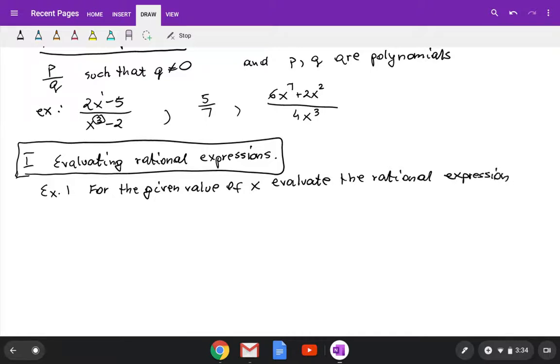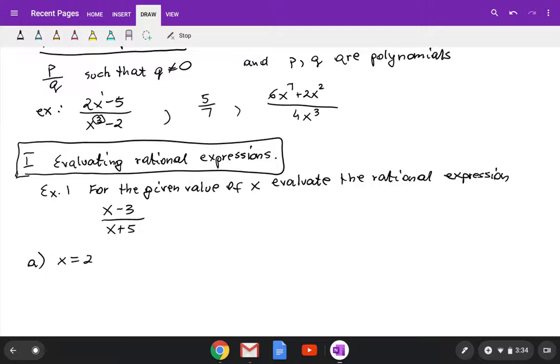Our rational expression has the form x minus 3 over x plus 5. And let's do 3 examples. A. Evaluate this rational expression when x is equal to 2.